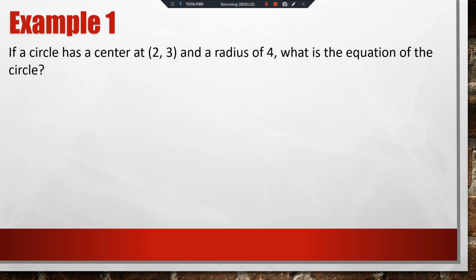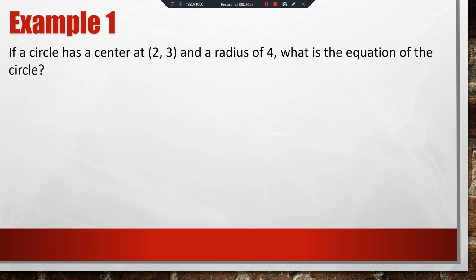Here is the first example. If a circle has a center at (2, 3) and a radius of 4, what is the equation of the circle? The first question here is, where is the center located? Is it in the origin or not in the origin?